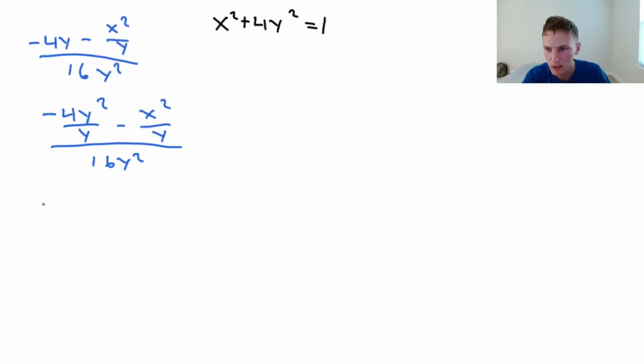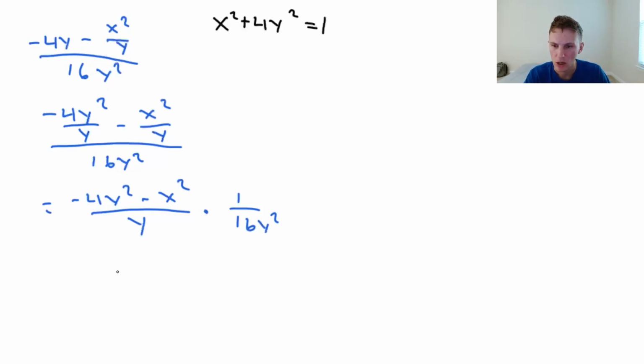So then that'll be negative 4y squared minus x squared over y, and then that'll just be times 1 over 16y squared. Okay, so now what we can do is, if you notice, we have this negative 4y squared minus x squared. If we factor out a negative 1, I want you to notice something.